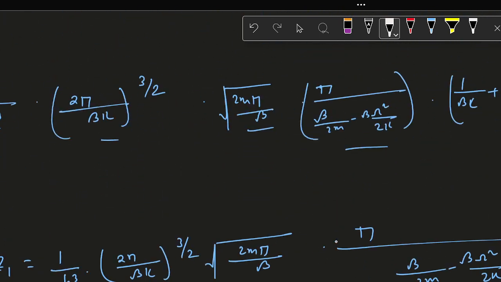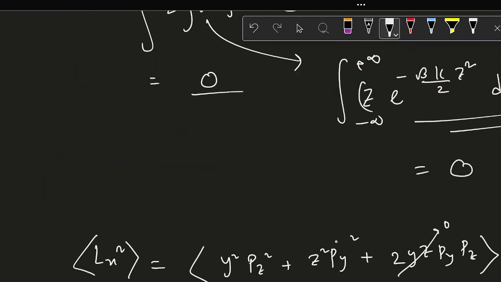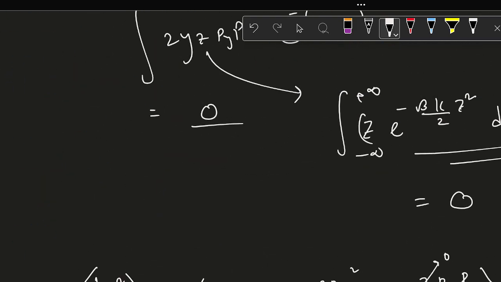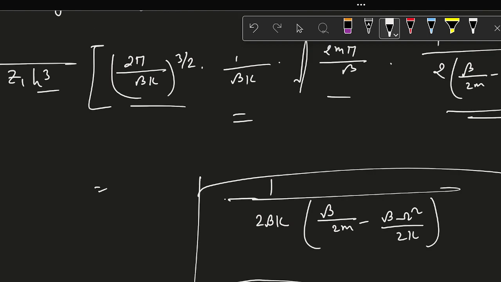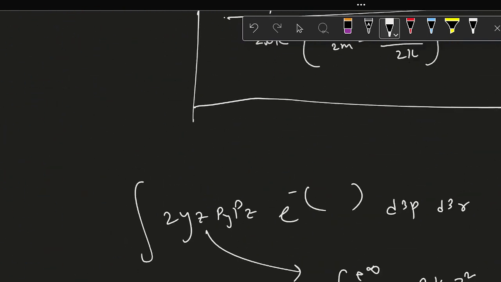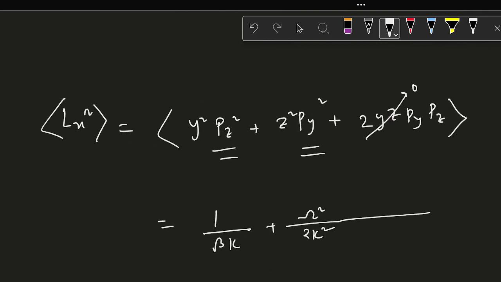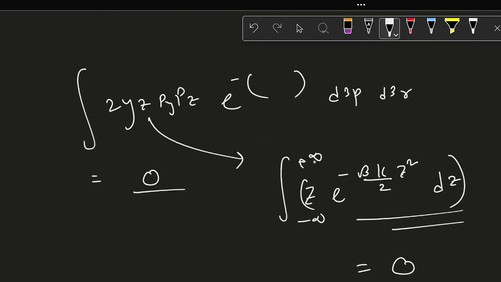Sorry, I just forgot: 1 by beta k plus omega squared by 2k squared, into this whole thing, beta by twice m minus beta omega squared by twice k. Plus this z squared py squared average is here. So 1 by 2 beta k into this term.